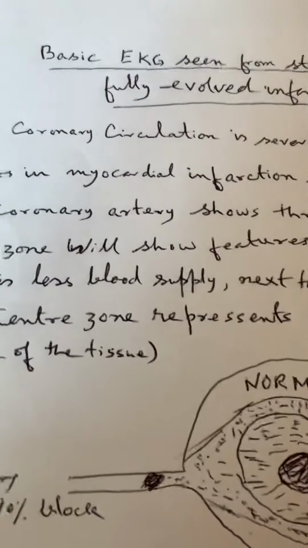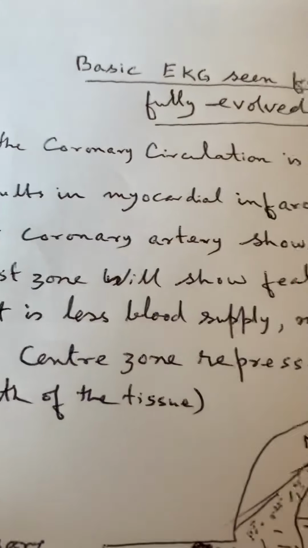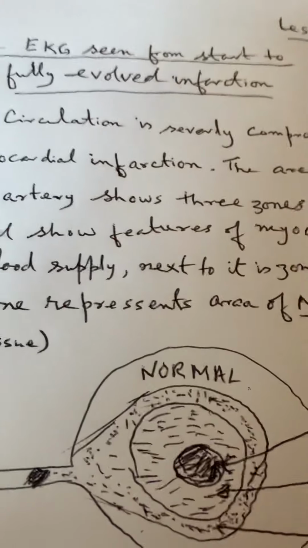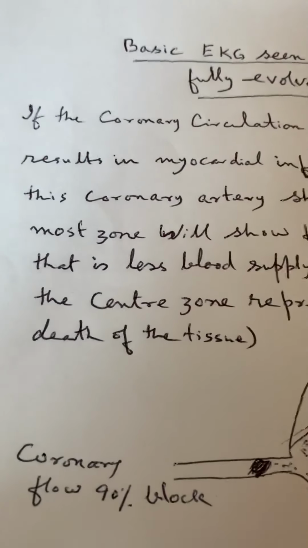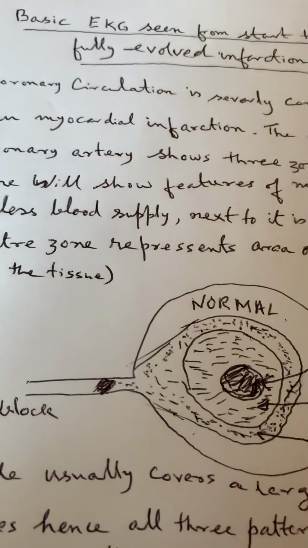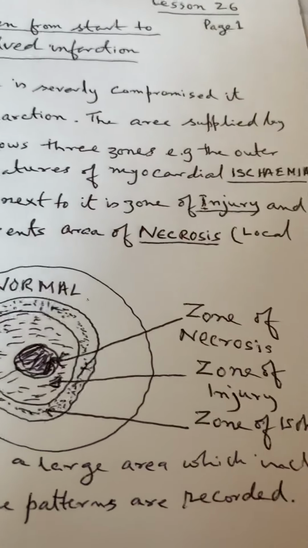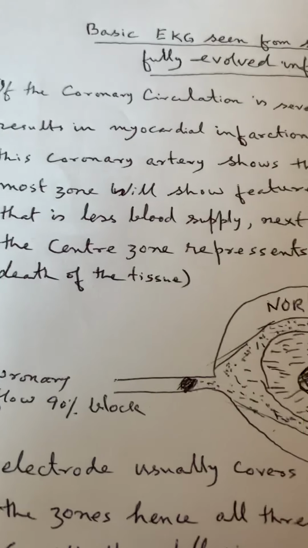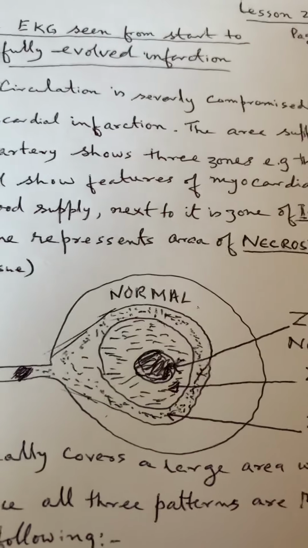What are the EKG changes we will see? If the coronary circulation is severely compromised, it results in myocardial infarction. The area supplied by the coronary artery shows 3 clear zones.